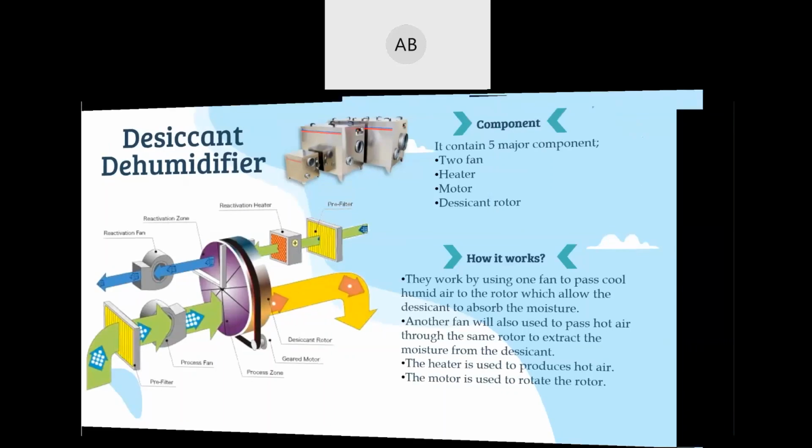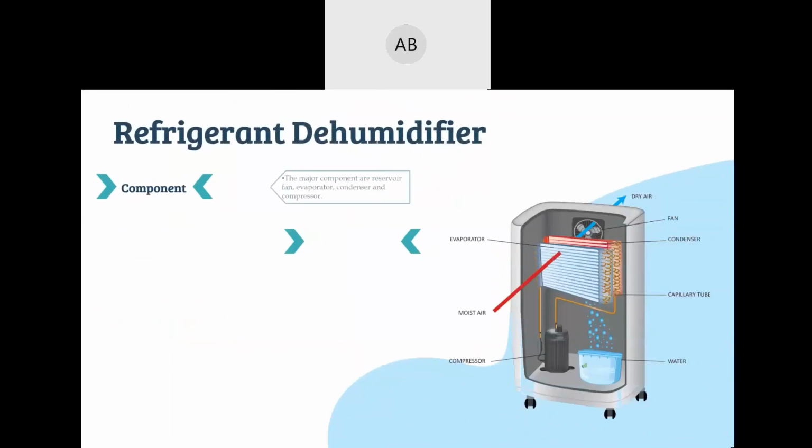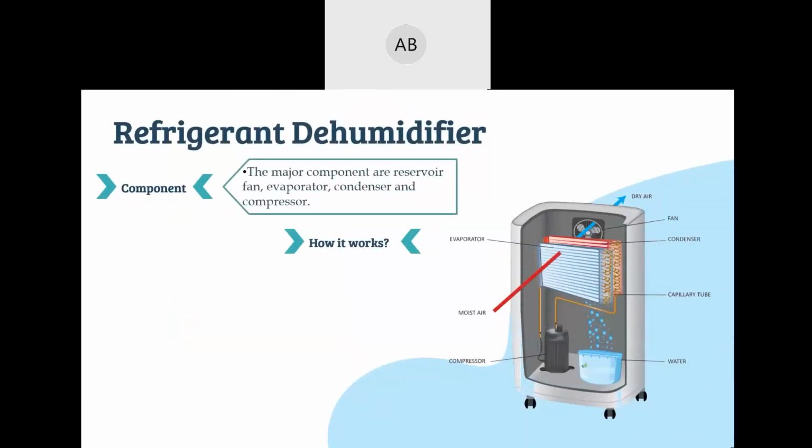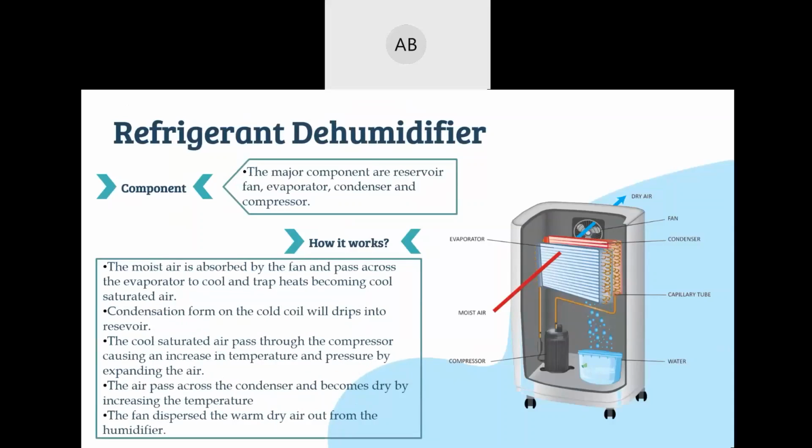Next, the refrigerant dehumidifier. The major components for this refrigerant dehumidifier are the reservoir, fan, evaporator, and condenser. As it works, it cools and traps heat, becoming cool saturated air.